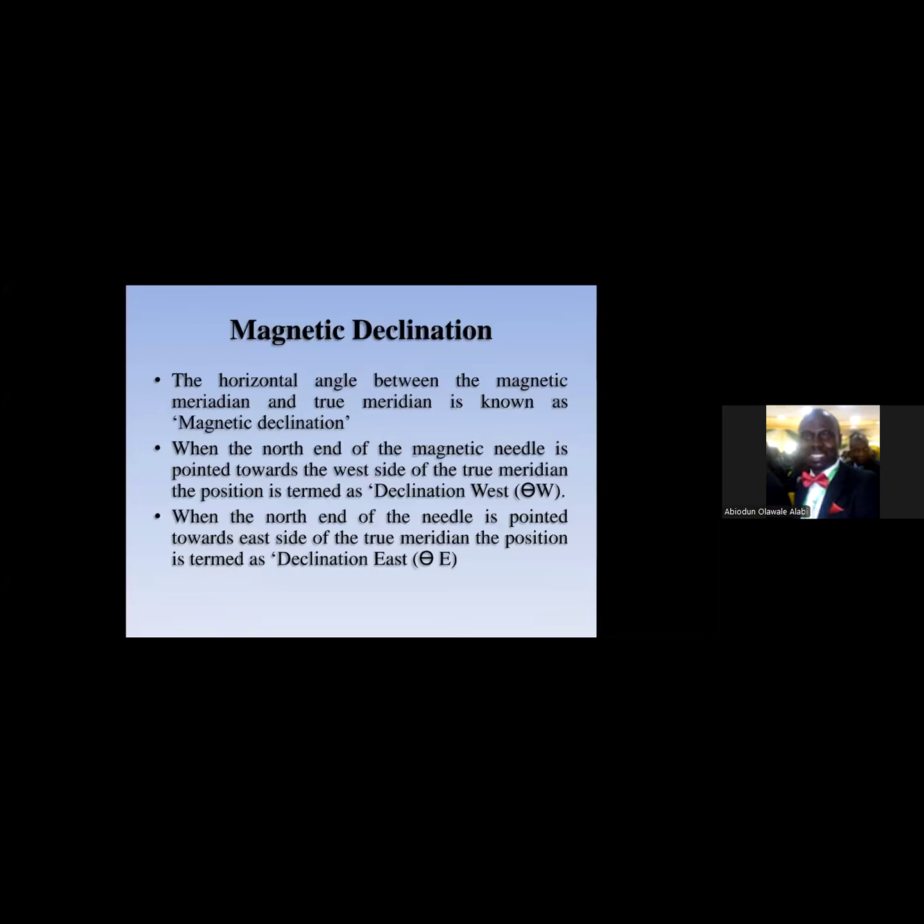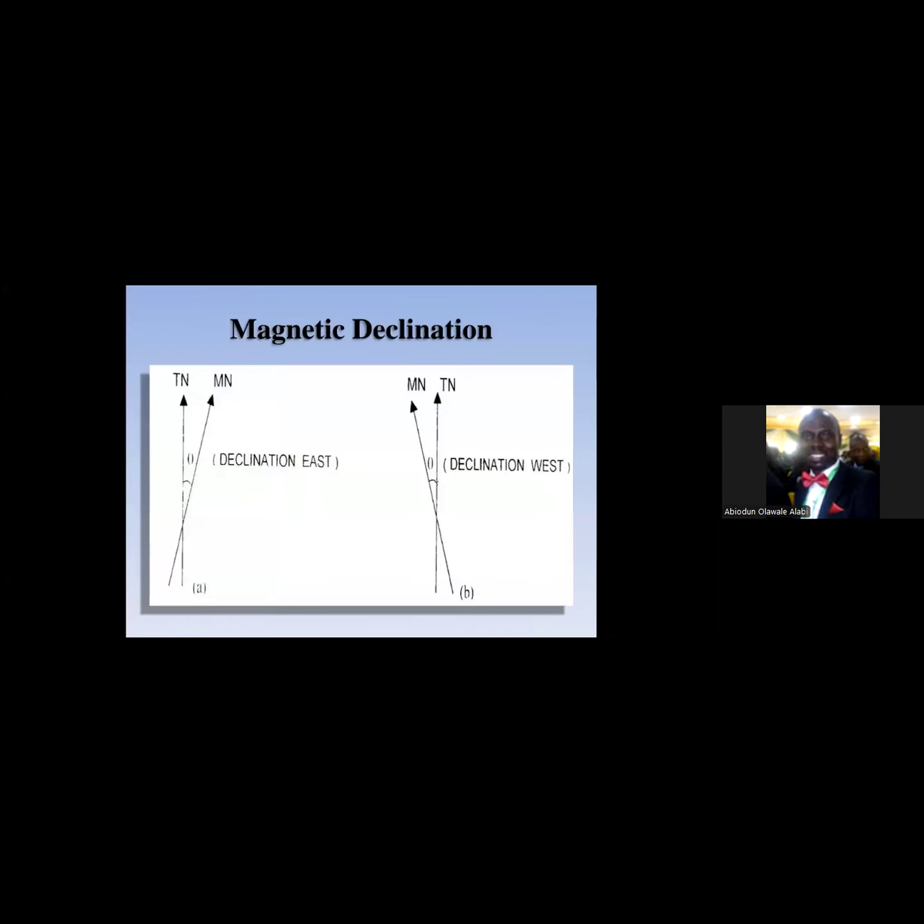Let me take this again. When the north end of the magnetic needle is pointing towards the east side of the true north, we say that declination is declination east.